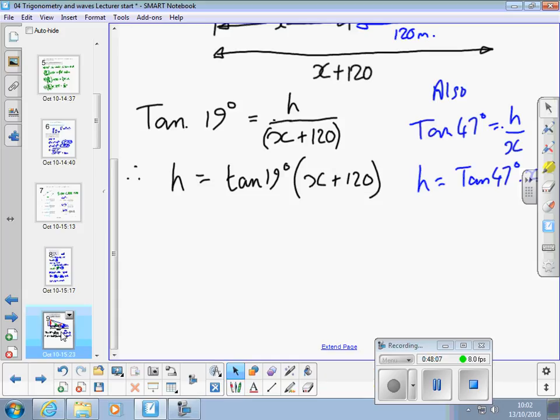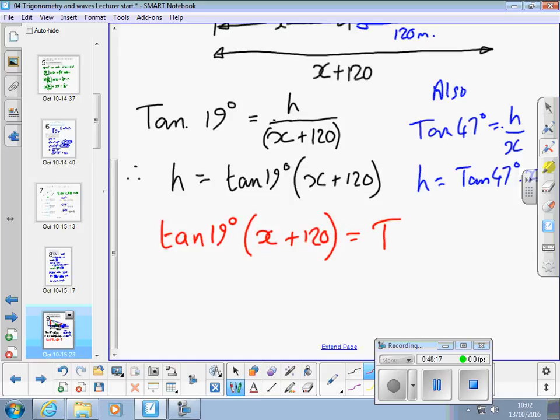So we write tan 19 degrees times x plus 120 equals tan 47 degrees times x. What have we done by doing that? H has gone. So we've only got one unknown now.